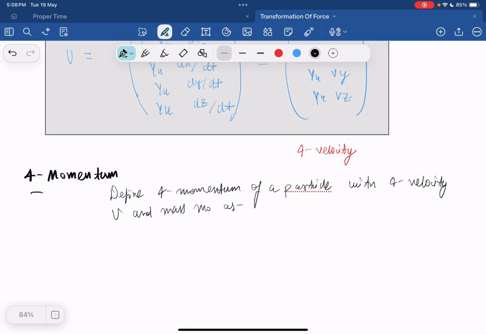Four momentum, let's denote it by capital P, is equal to mass times the four velocity.